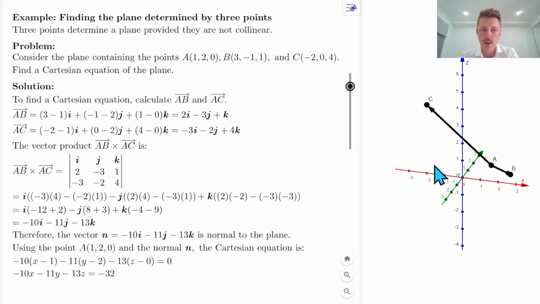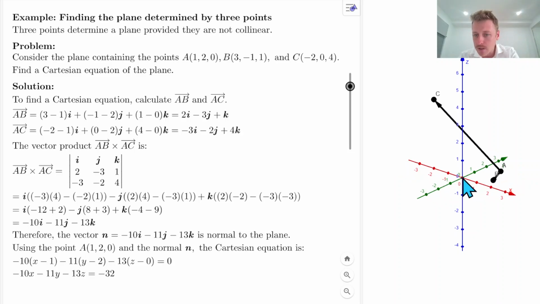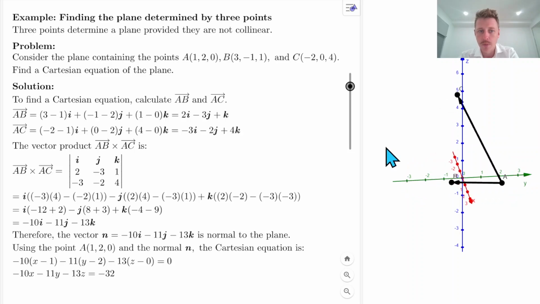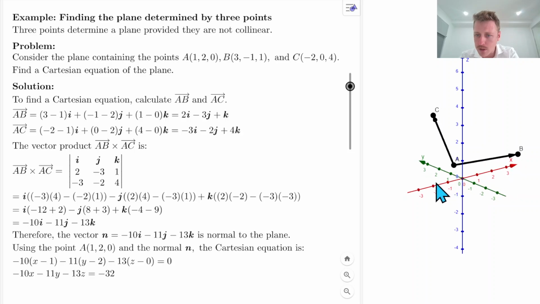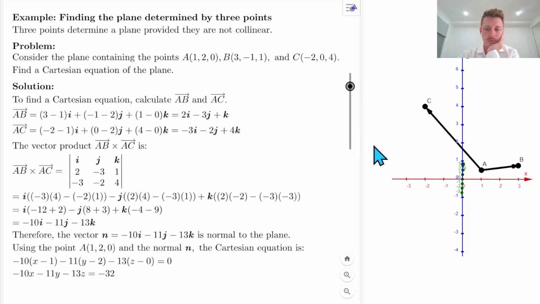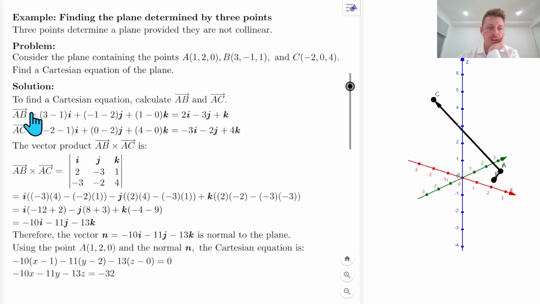Imagine vectors going from the origin to A and from the origin to B. Vector B minus vector A would give you the vector AB. In any case, hopefully you can see where this comes from.